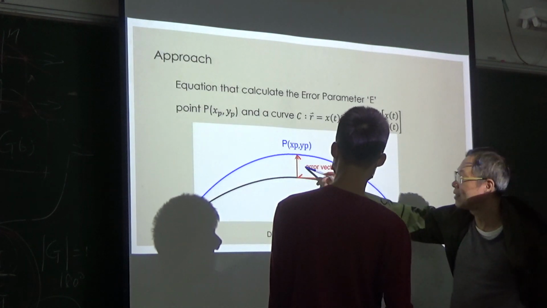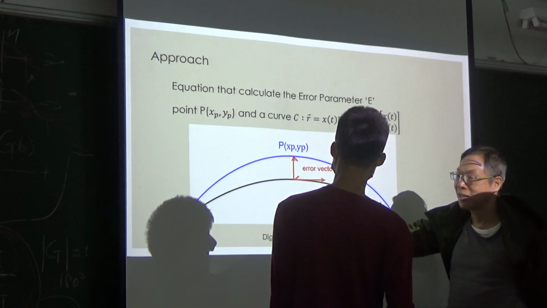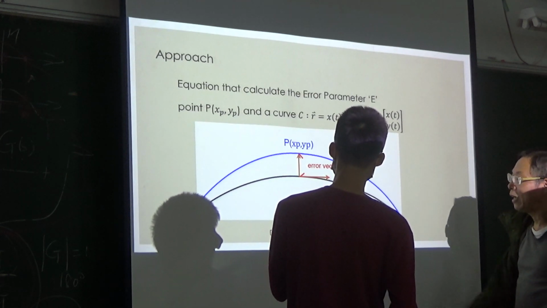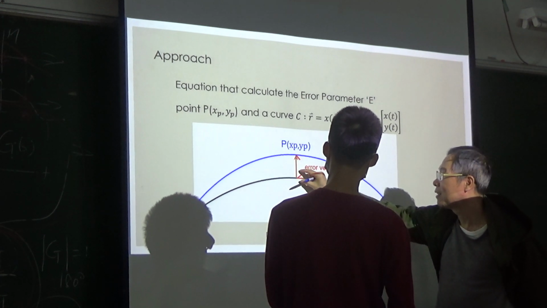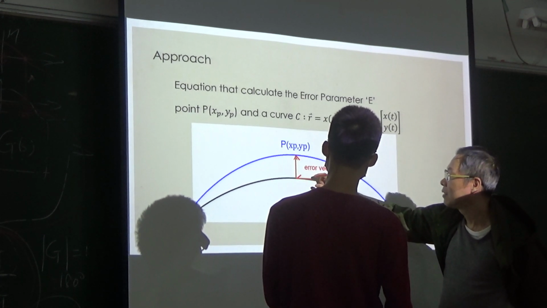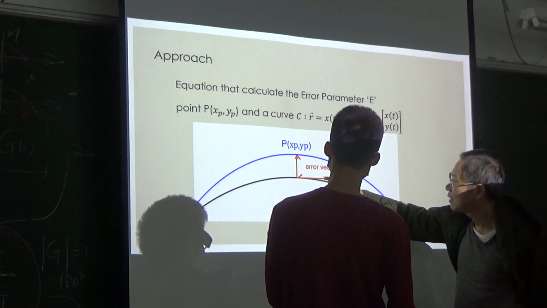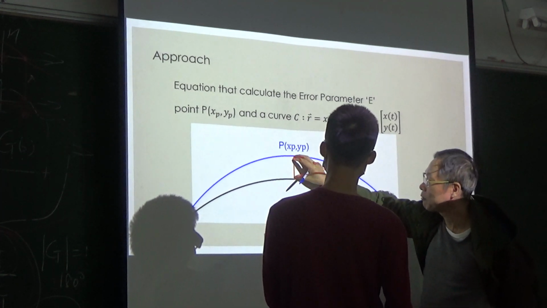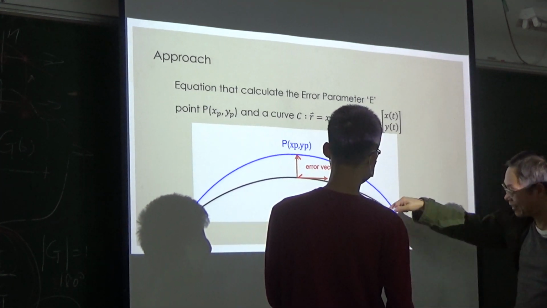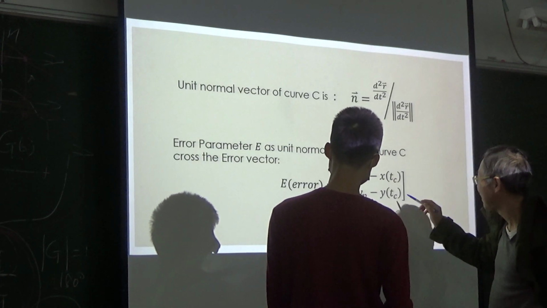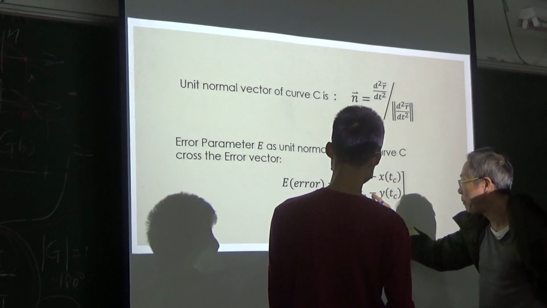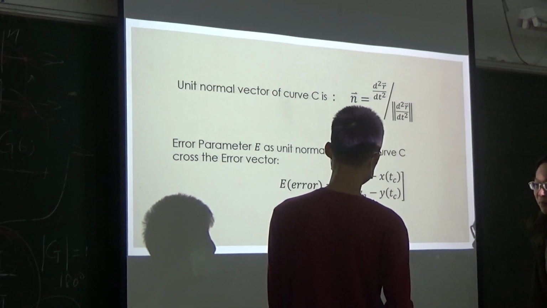Okay. Then it's this one. Right? The N is already this one, a unit vector. And you product with this. So actually, they are parallel, I should say.